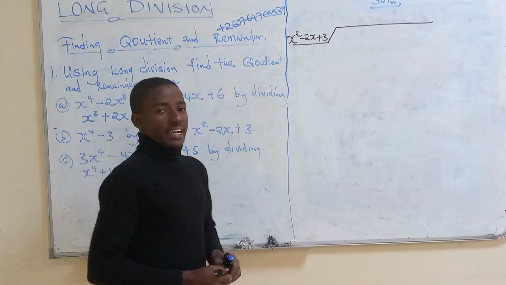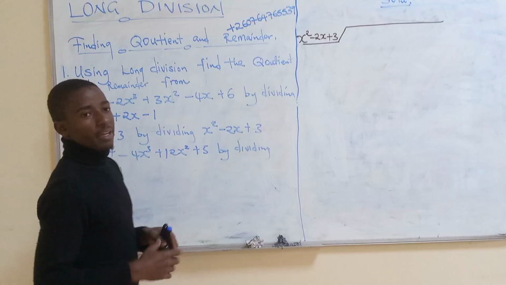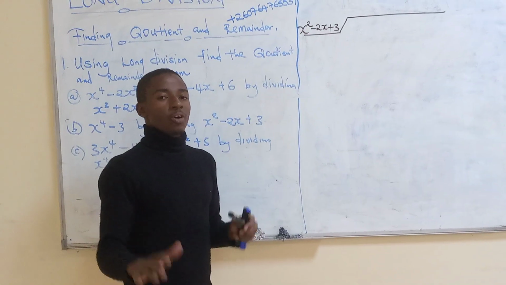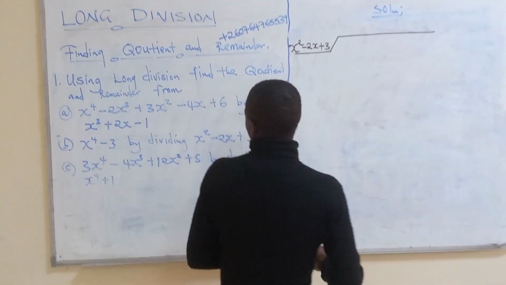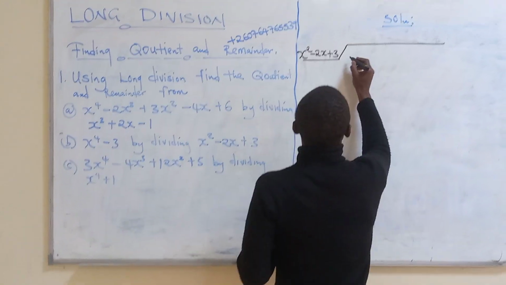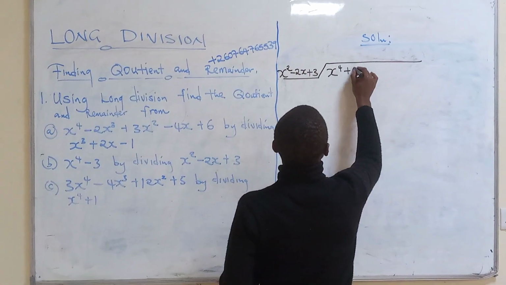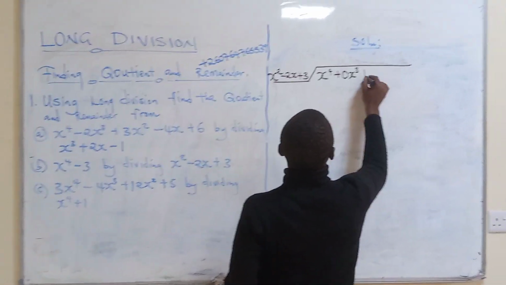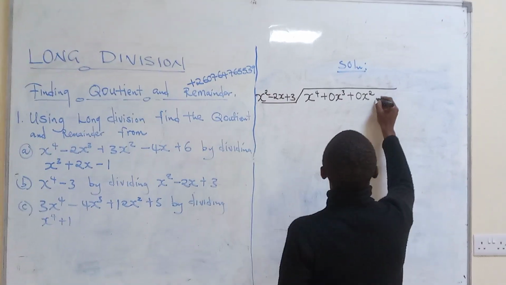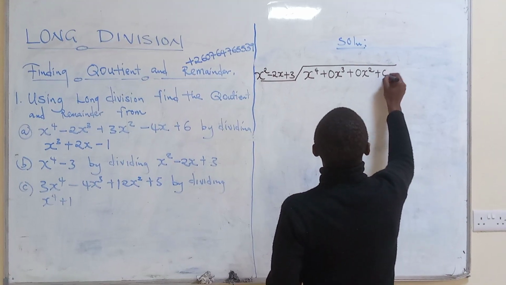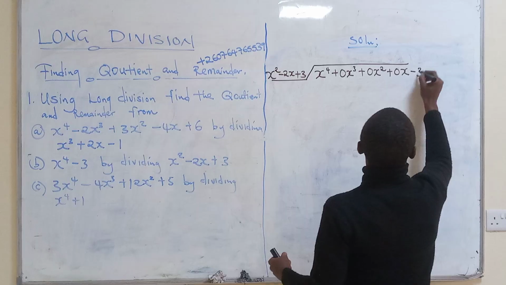Now what I can advise you is that when you're writing this value, make sure the powers are in descending order to prevent making mistakes. So I'm going to write x to power 4 plus 0x to power 3 plus 0x to power 2 plus 0x minus 3.